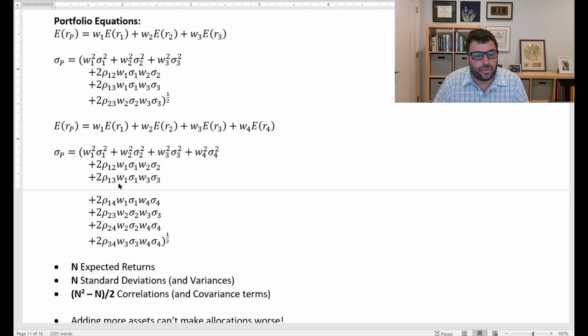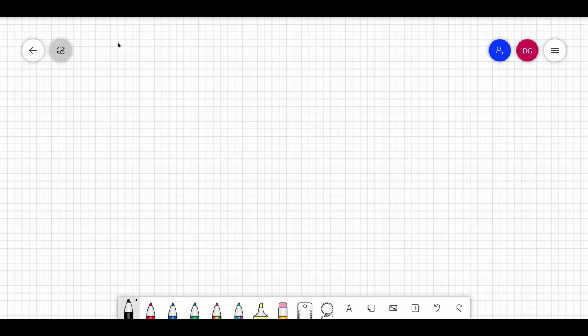So I have 1 with 2, 1 with 3, 1 with 4, 2 with 3, 2 with 4, and then 3 with 4. And remember, these are all doubled because 1 with 2 is the same as 2 with 1. And so I have n expected returns, n standard deviations and variances, and (n squared minus n) over 2 correlations or covariance terms.